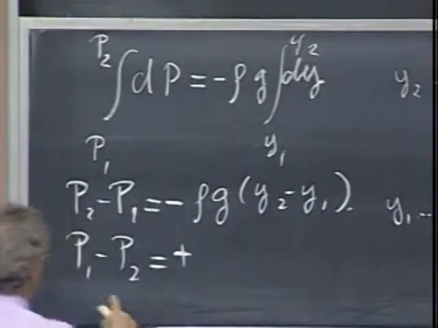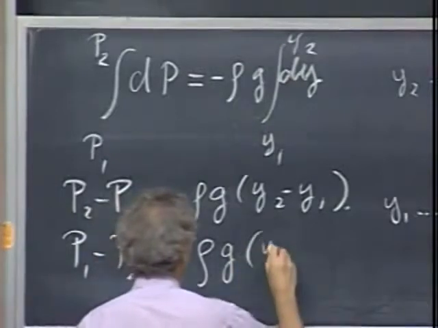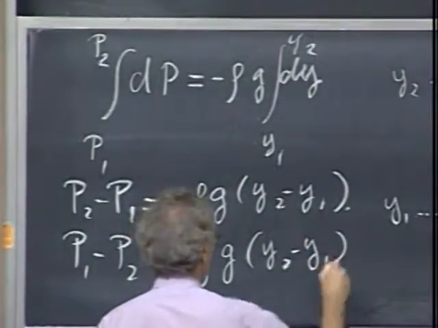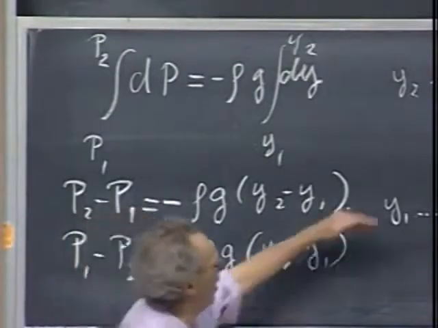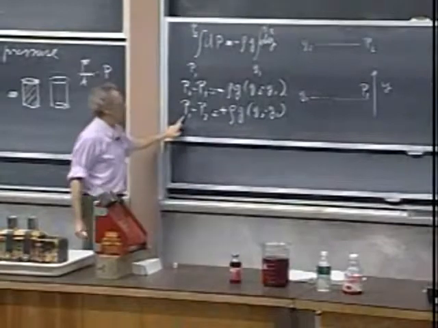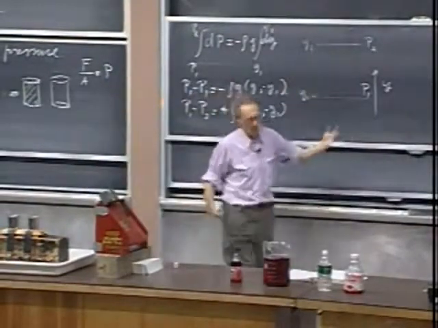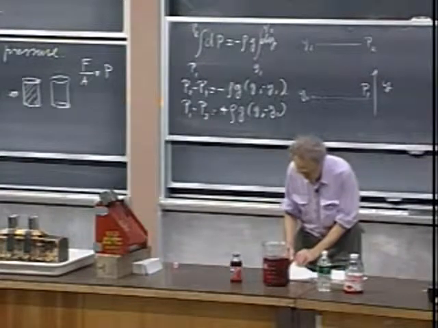I write a plus sign here, so I switch these around: p1 minus p2 equals rho g times y2 minus y1. So I see immediately that if y2 minus y1 is positive, this is higher than this, that the pressure at p1 is larger than the pressure at p2. But of course they are completely identical. So this is the hydrostatic pressure.